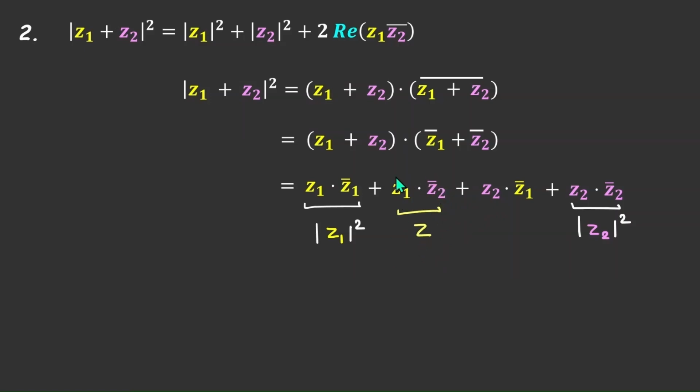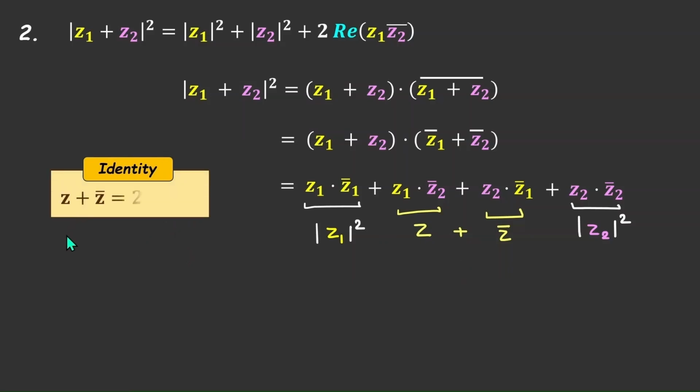Because the conjugate of this complex number would be Z1 conjugate into conjugate of Z2, which is nothing but Z2 itself. So it would be Z1 conjugate into Z2. So this is nothing but the conjugate of this complex number. And when we are adding a complex number with its conjugate, there is a known identity that we should know of. And that is Z plus Z conjugate is equal to 2 times real part of Z.